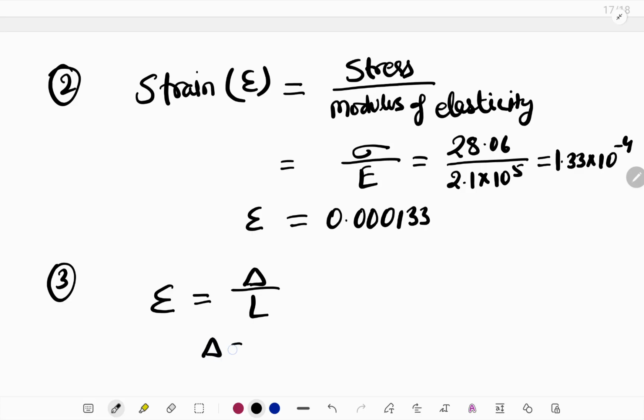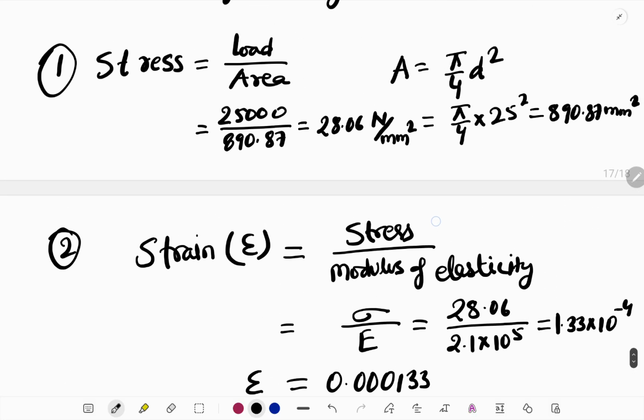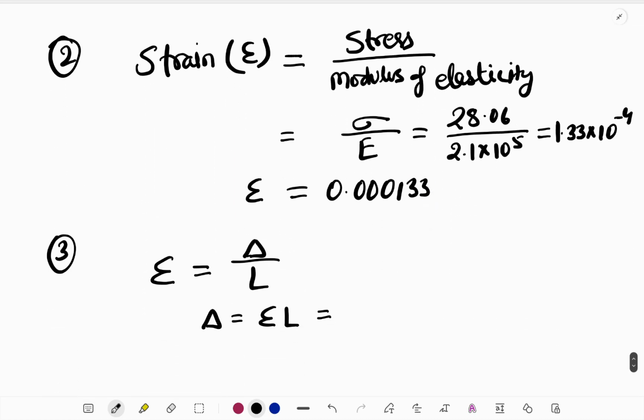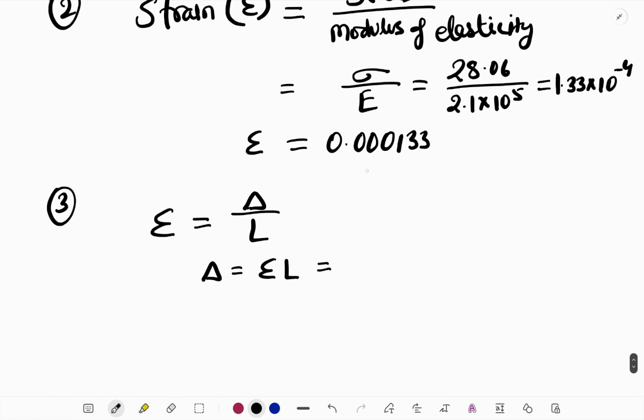Delta is equal to epsilon times L. L is given as 2000 mm, and the strain value we have is 0.000133. So we put in the strain value 0.000133 into the length, 2000 mm.